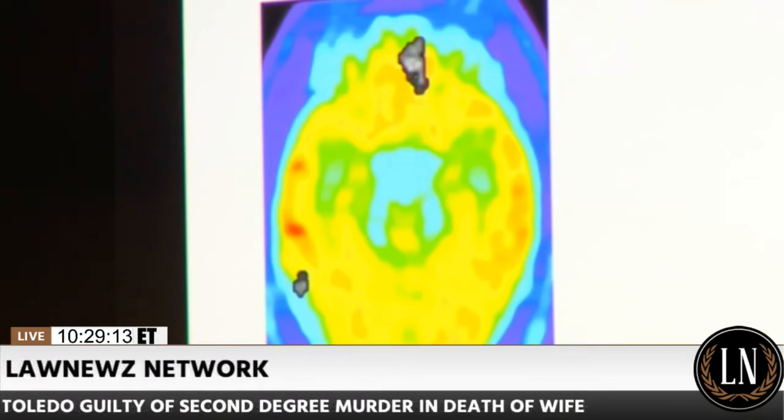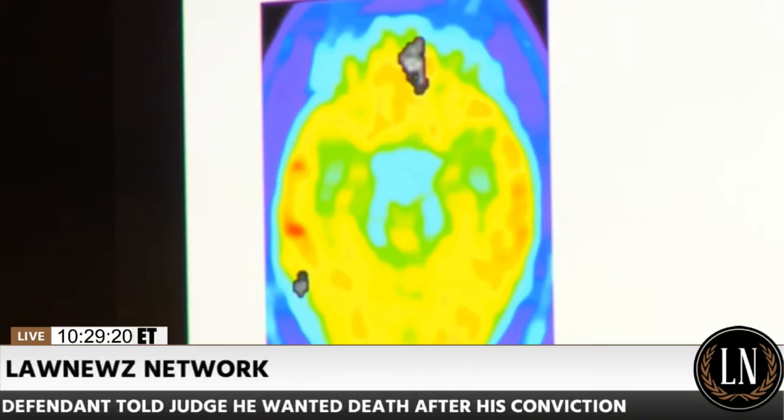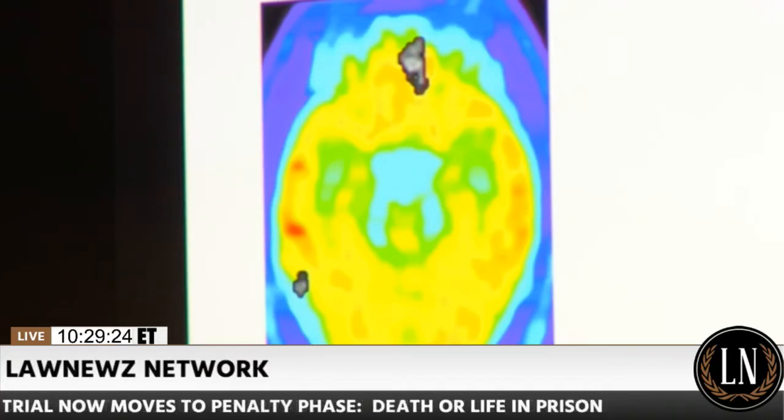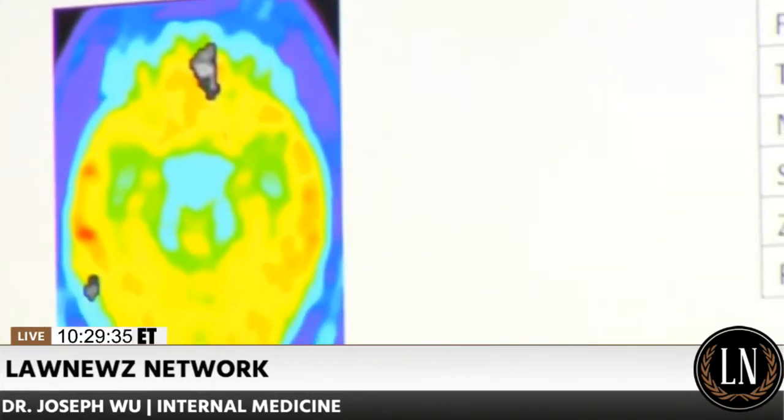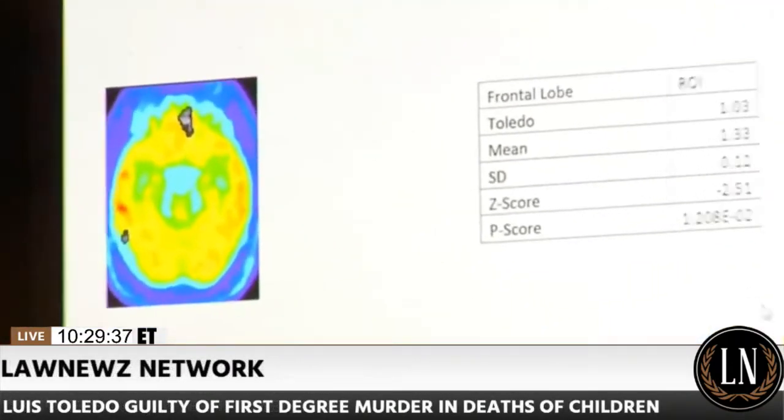and so it falls below a commonly used medical threshold of P less than 0.05. It's a P equal to 1.2%. And so this is a statistically abnormally low area of metabolism in the frontal lobe, and this is something that is noted on a statistical measurement which is observer independent.